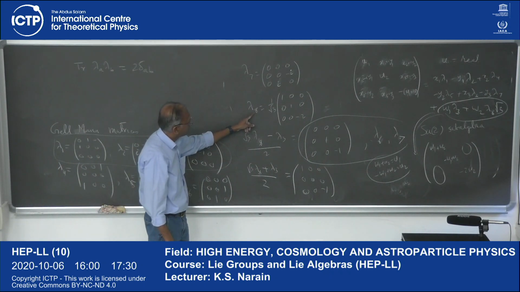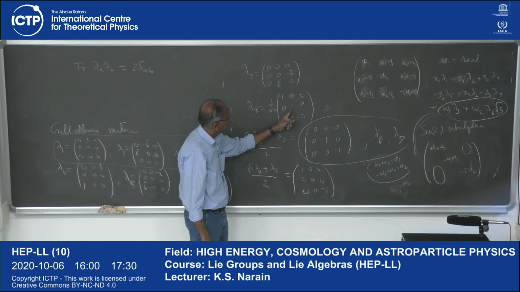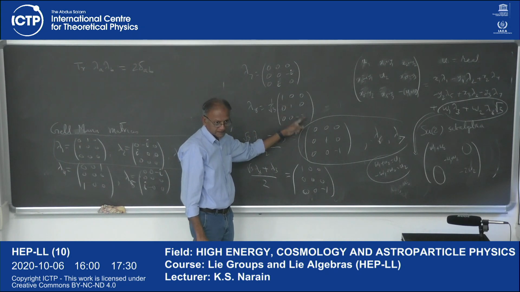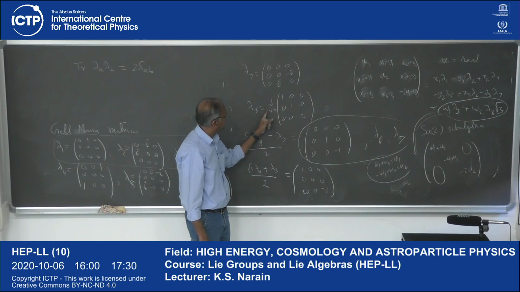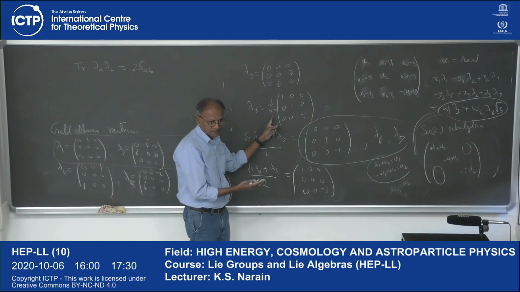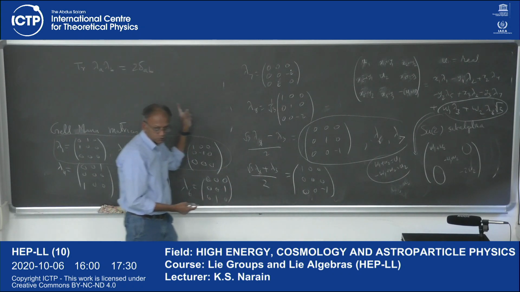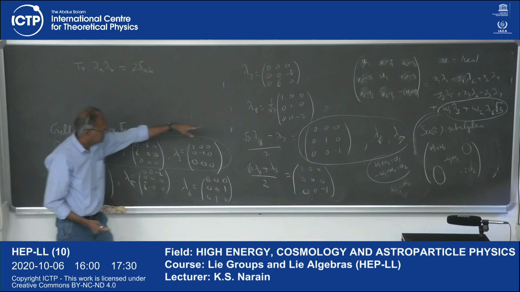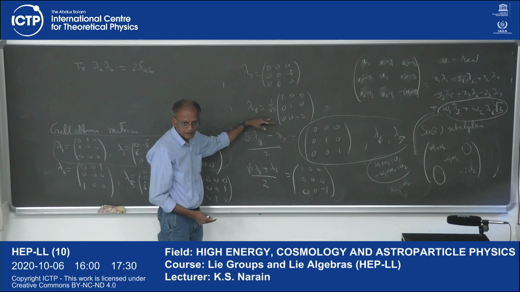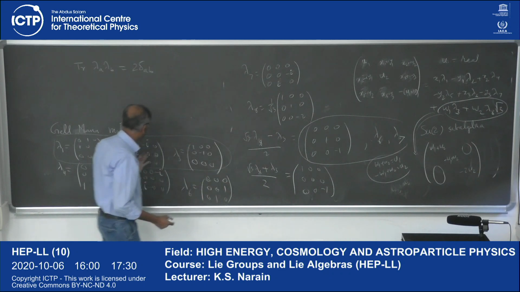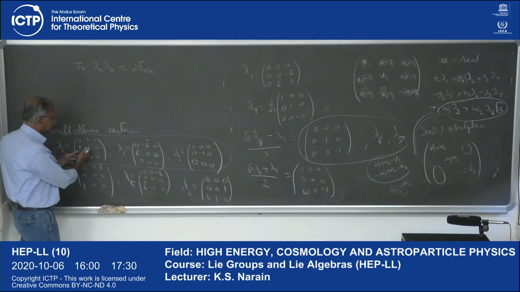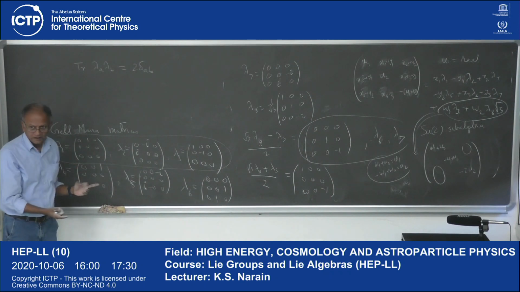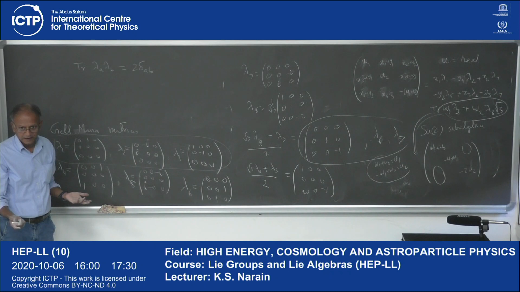Because if you take lambda 8 squared, you'll get here 1 plus 1 plus 4, which makes it 6. So that is why there is a root 3 here. The square of root 3 is 3, and 6 by 3 is 2. So to get this kind of a relation, Gell-Mann used this root 3. And the rest of it is clear, because the 2 by 2 part was basically SU2, the Pauli matrices.